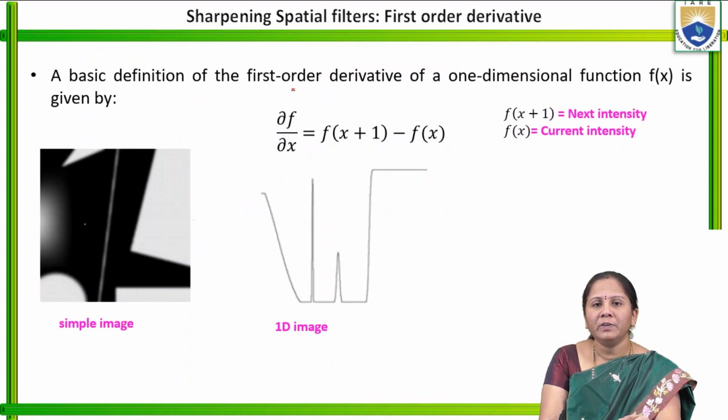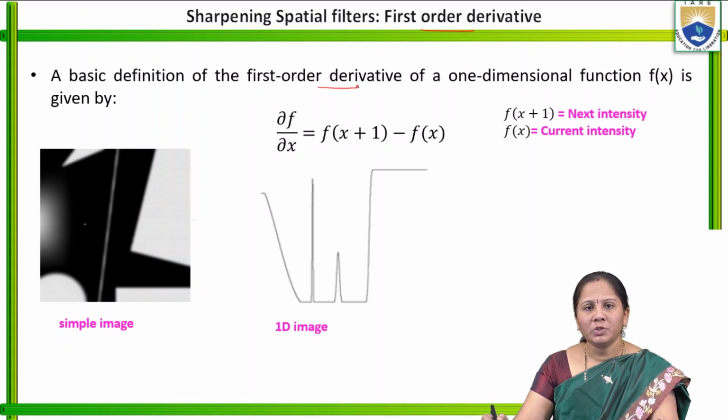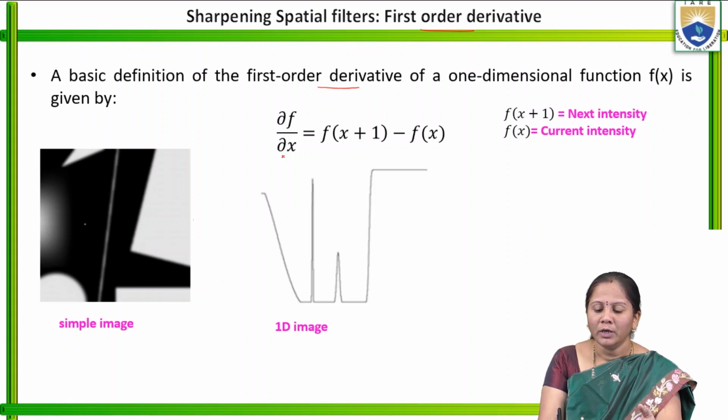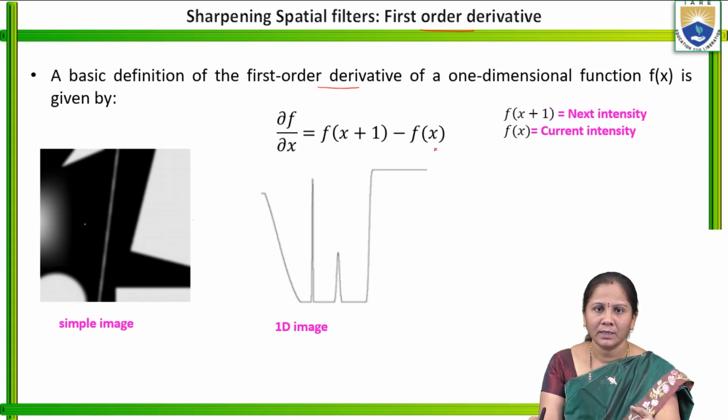Let us apply the first order derivative first. The first order derivative of the one-dimensional function f of x is defined as dou f by dou x is equal to f of x plus 1 minus f of x. So what is this f of x?